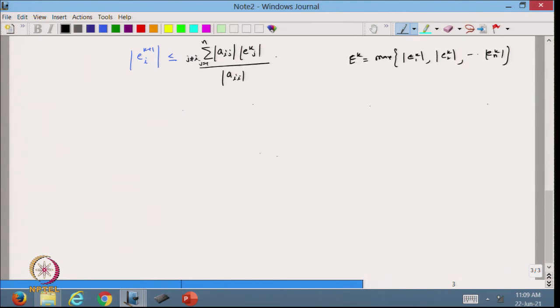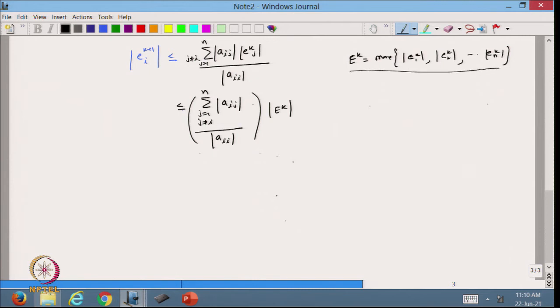Now, from here I can write this as, because it is coming in each one, I just take the common factor. So this will be equal to summation j from 1 to n, j not equal to i, of |a_ij| divided by |a_ii|, taking this common, E_j^k. I will just write here E^k, the maximum value I have taken.